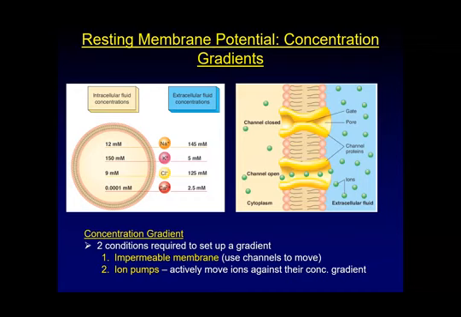Nerve cells and muscle cells are generally impermeable to sodium and potassium, or at least selectively permeable. What that means is I can inject around your cells a bunch of sodium, and it's not all going to just immediately go into a muscle cell.